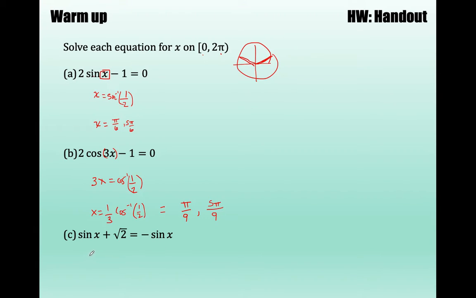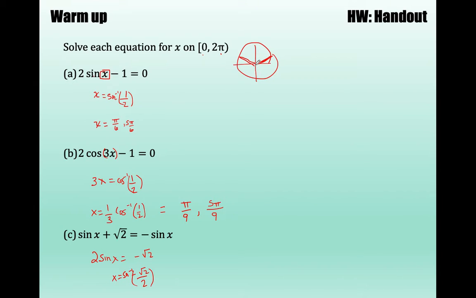This time I have to collect my sine x's, so I get 2 sine x is equal to negative root 2. Now x is going to be negative root 2 divided by that 2, and I inverse sine both sides, right? So who on my unit circle has a sine of negative root 2 over 2, or negative 1 over root 2, if I hadn't rationalized?